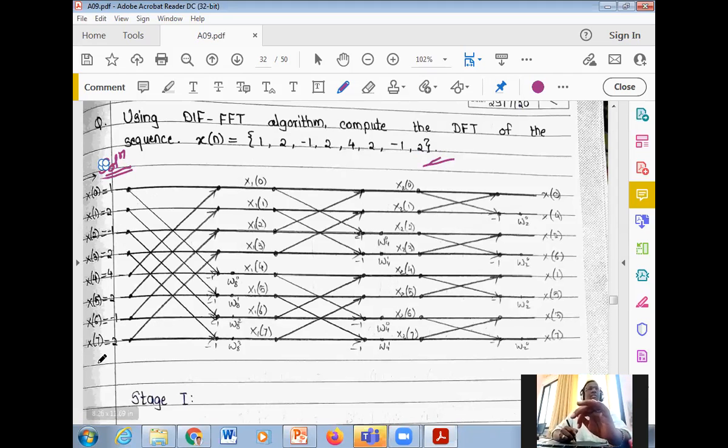X of 0, X of 1, the inputs are in natural order. And the outputs we are getting in bit reversal order. Please take down the diagram also so that we will understand the stage-wise computation.